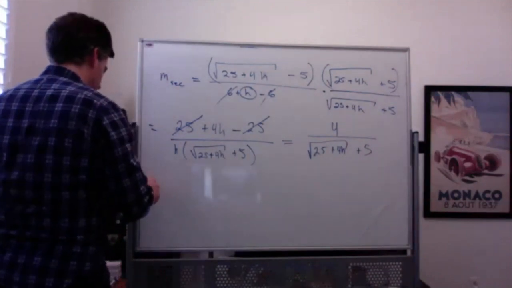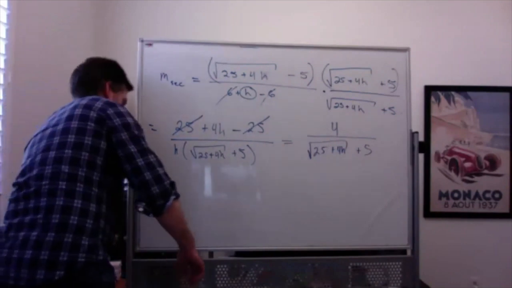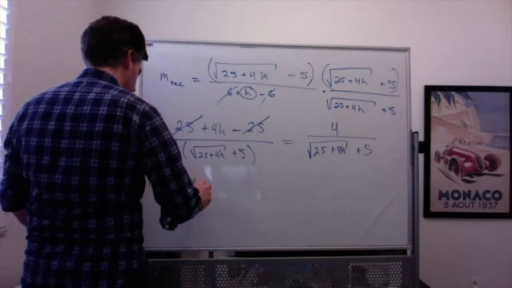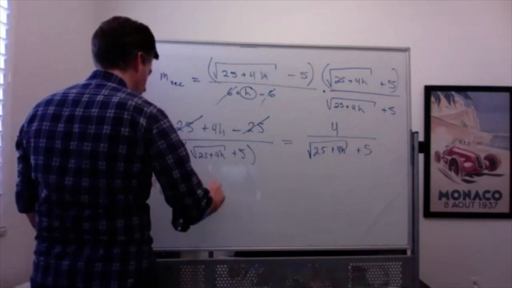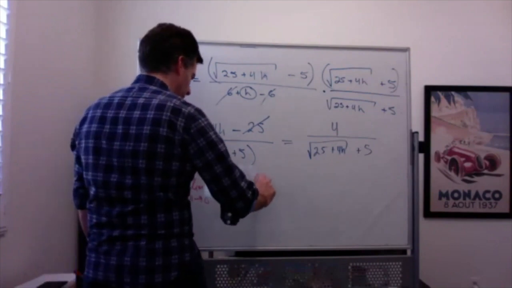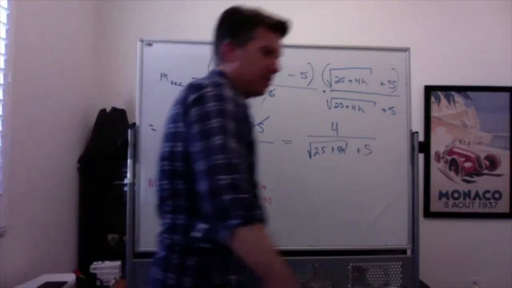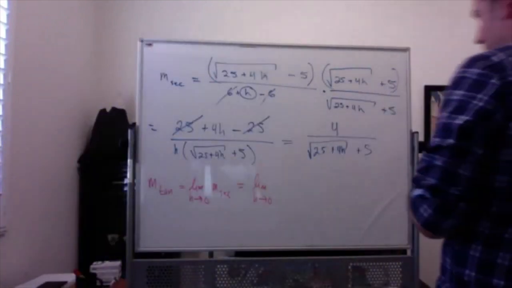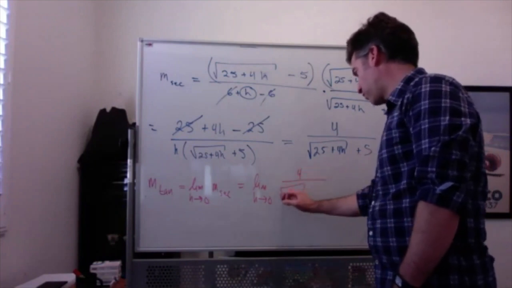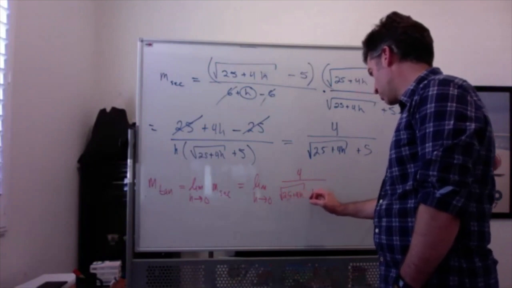So now, for the slope of the tangent line, it's going to be the limit as h goes to 0 of the slope of the secant line, which is going to be the limit as h goes to 0 of 4 over the square root of 25 plus 4h plus 5.